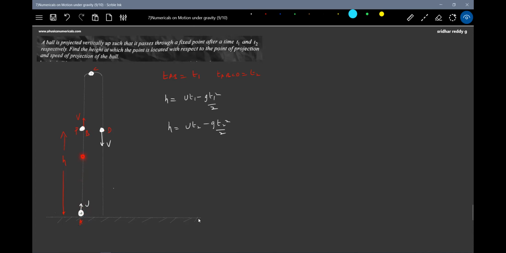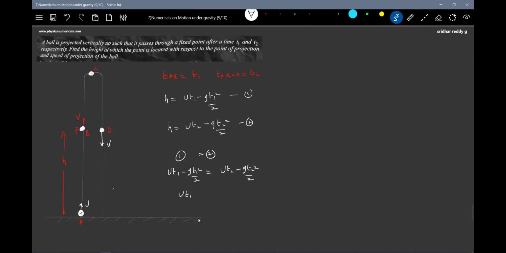What is T1? The time taken by it to ascend to height H. What is again H I'm writing? Because again the ball will be at the same height after the interval of time T2. Equating these two, U T1 minus half G T1 square equals U T2 minus half G T2 square.